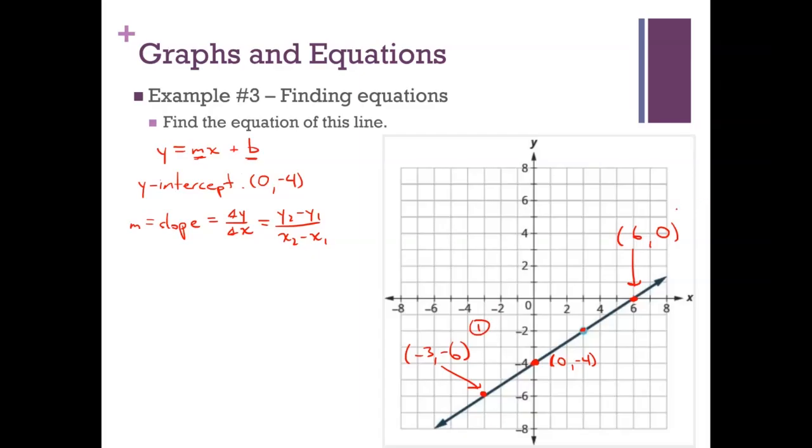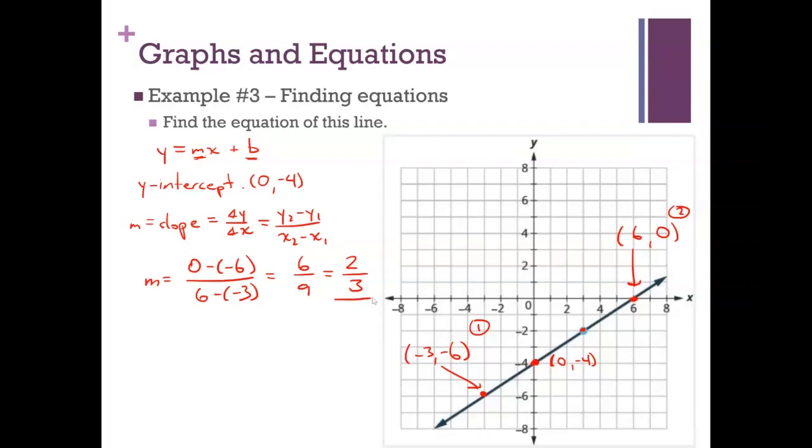Let's say this is point 1 and this is point 2. Then our slope would be 0 minus -6 over 6 minus -3. 6 over 9, which is 2/3. So we have m.